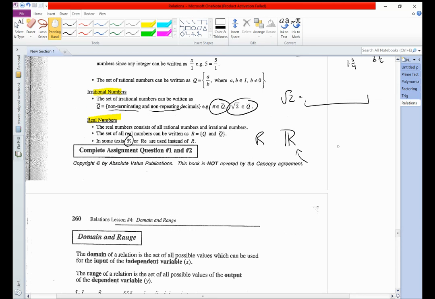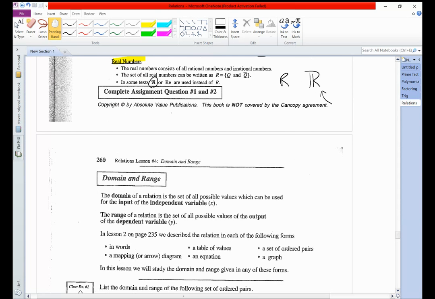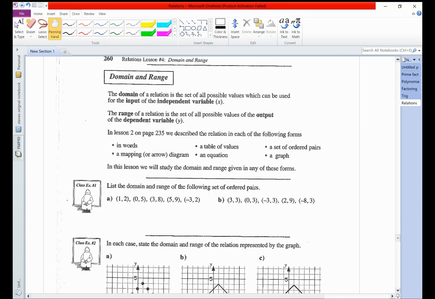So let's get on to domain and range. We will use the number systems a little bit, but for now, I really want to focus on domain and range. We're going to start with domain. The domain of a relation is a set of all values which can be used for the input or the independent variable.